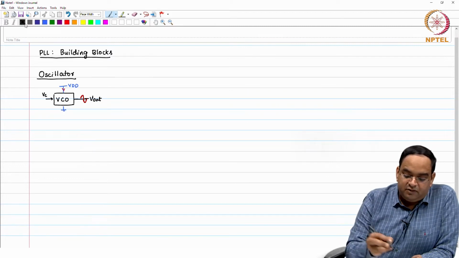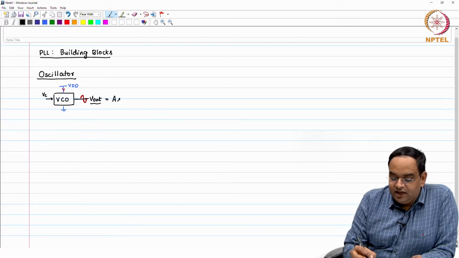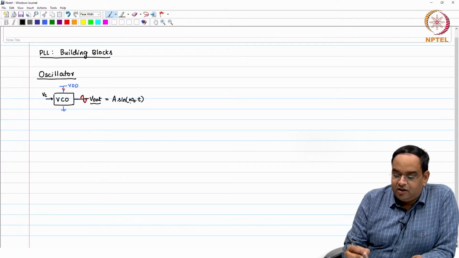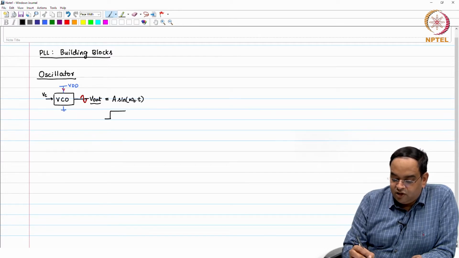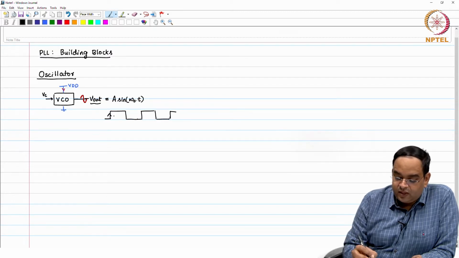Okay. One particular frequency, whatever frequency you have at V out, it can be A times sine of omega naught t, or it can be a sine wave or a square wave of the same time period. It depends on the kind of oscillator which you have. Okay.